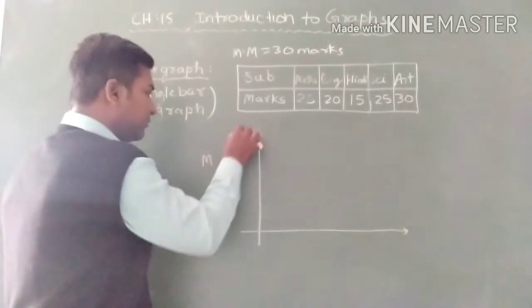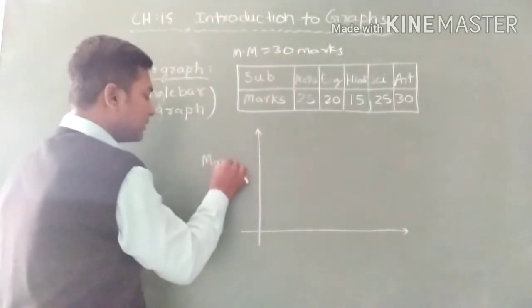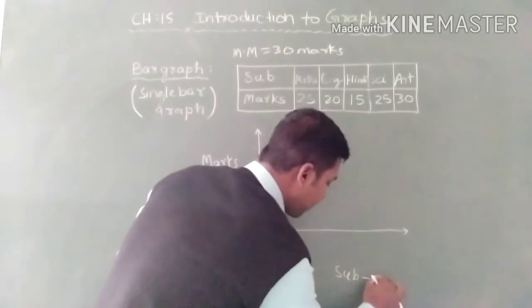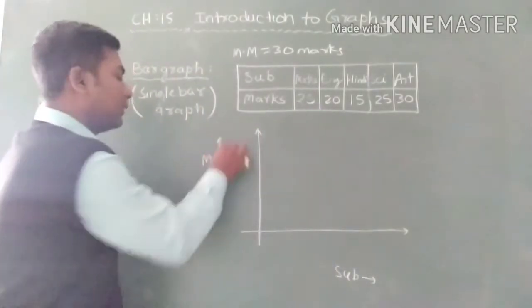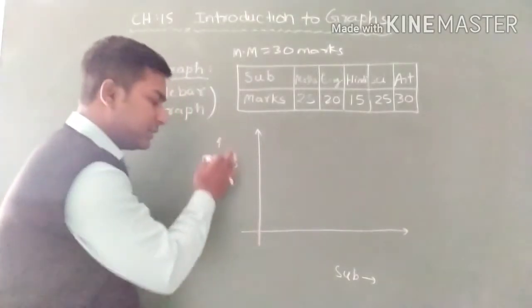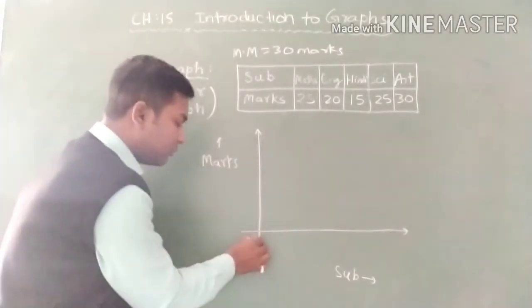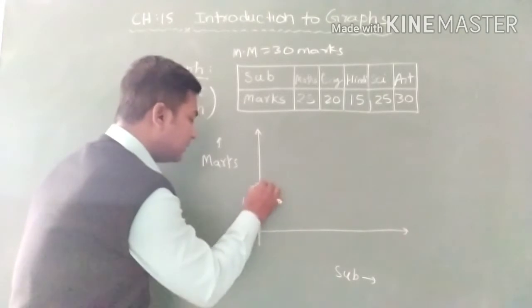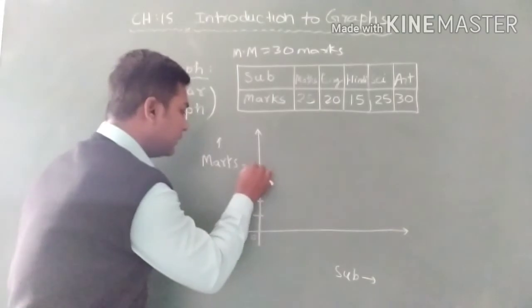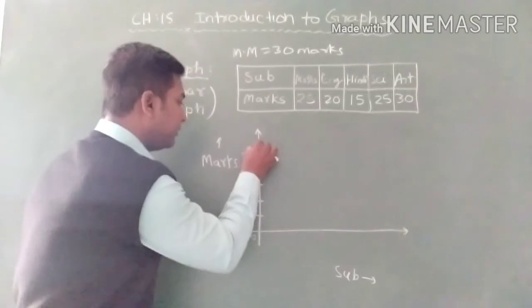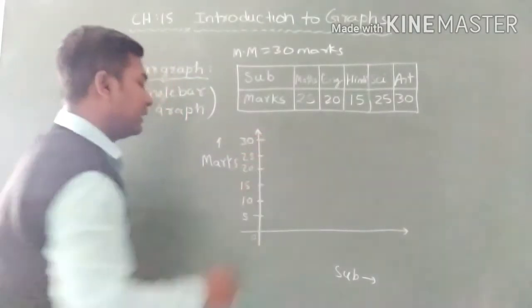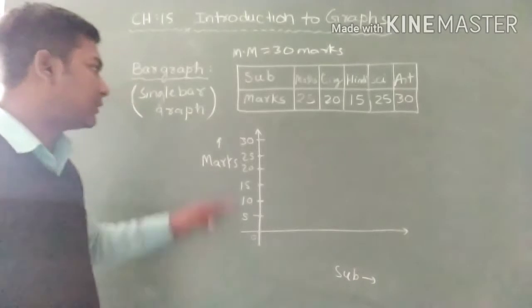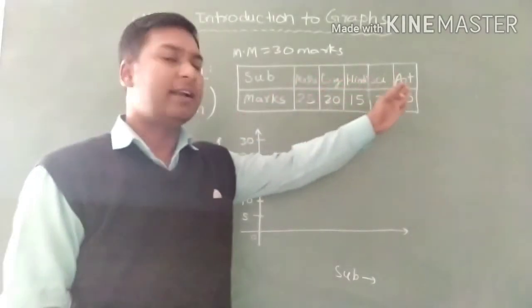On the x and y axes, I am taking marks on the y axis and subject on the x axis. On the y axis these are the marks: 0, 5, 10, 15, 20, 25, and 30 marks. And the subjects given are maths, English, Hindi, science and art.